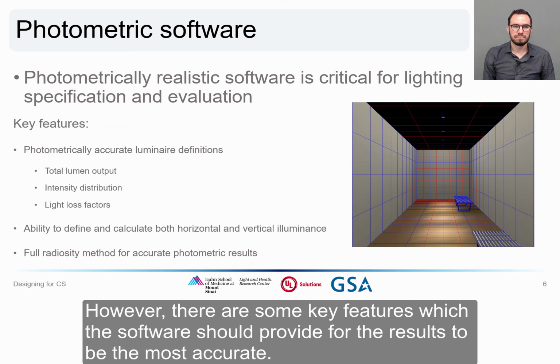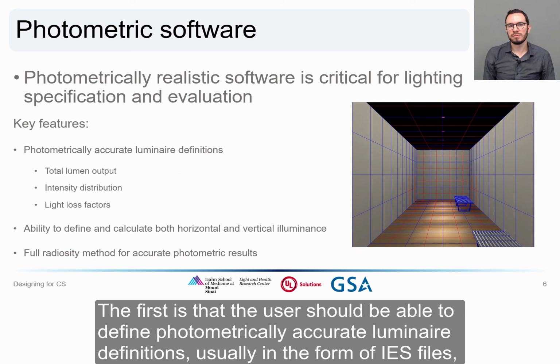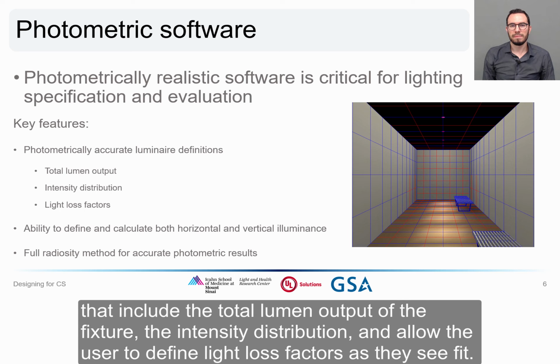The first is that the user should be able to define photometrically accurate luminaire definitions, usually in the form of IES files that include the total lumen output of the fixture and the intensity distribution, and allow the user to define light loss factors as they see fit.